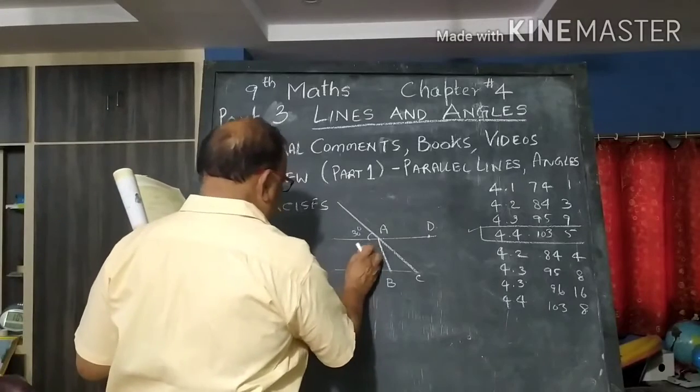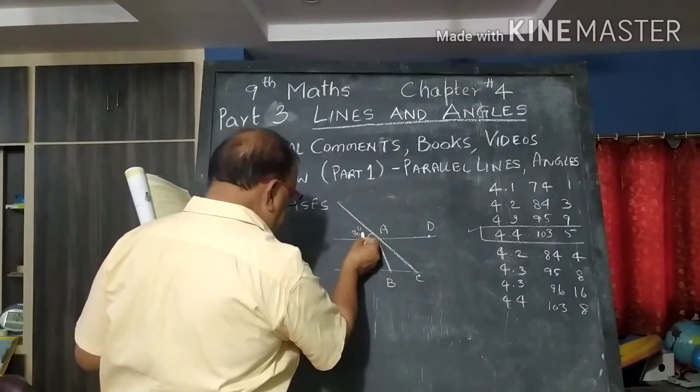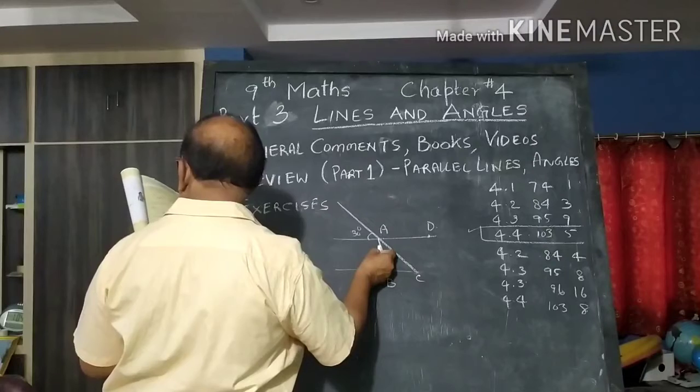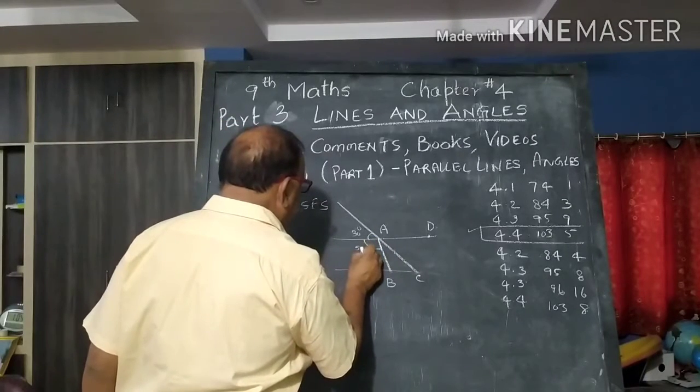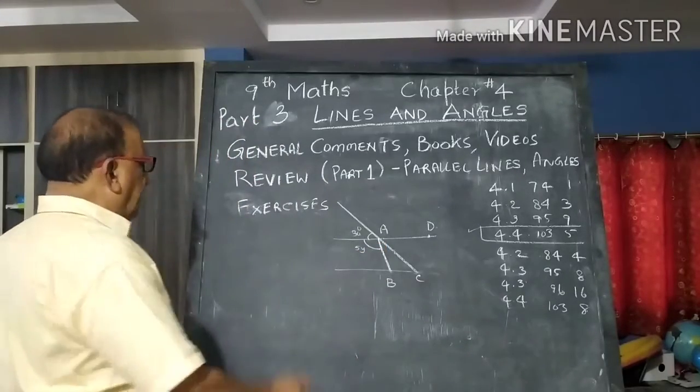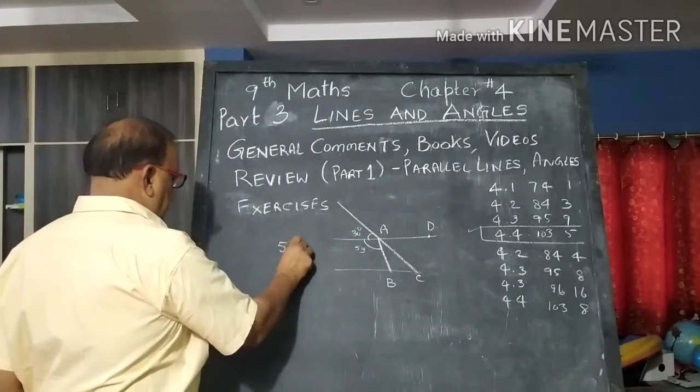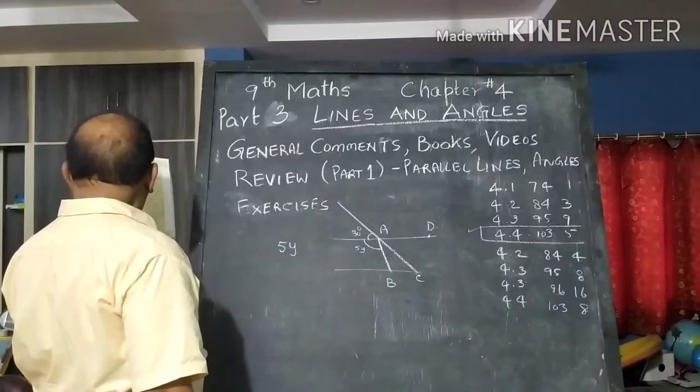Now here earlier we thought that the total angle is 5y, but it is not. Actually, this angle is 5y. That angle is what? 5y. I wrote it small there.